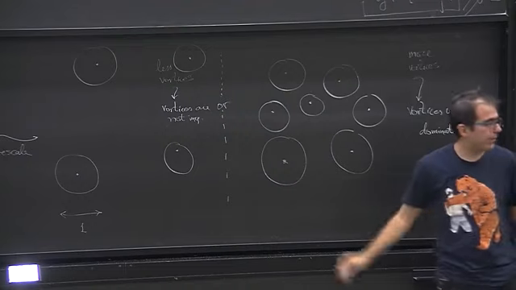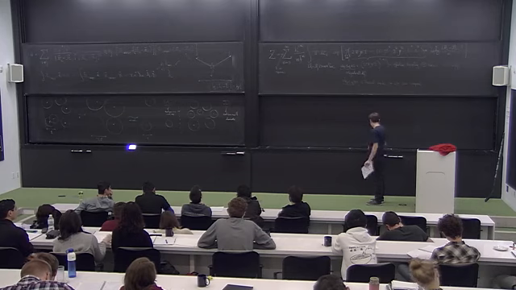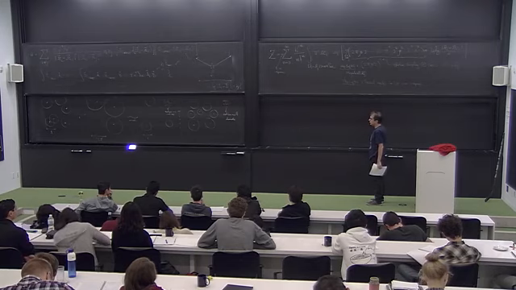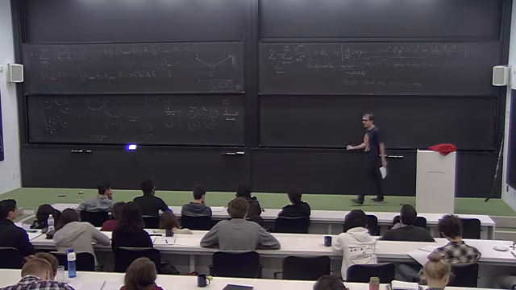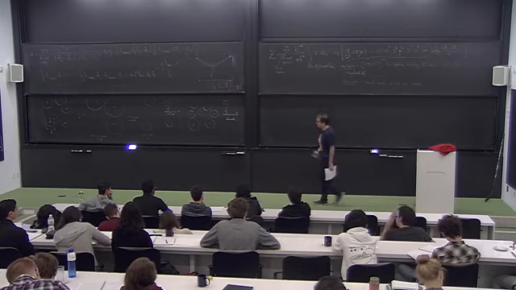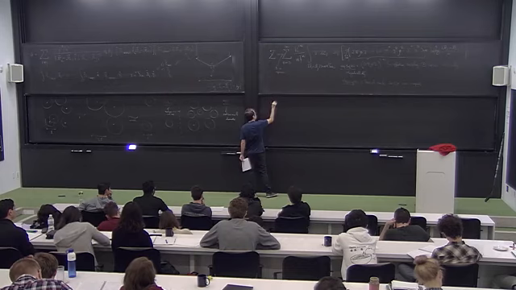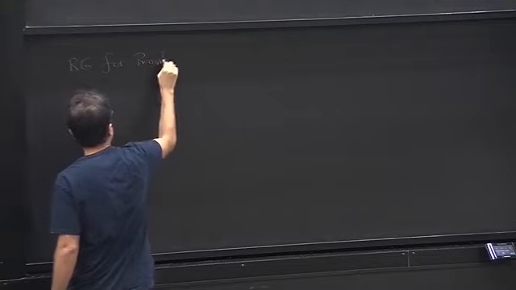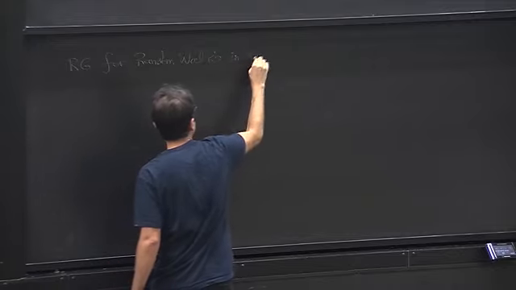Let me give you another example of the importance of these 2 steps. And to do it, I want to anticipate something that we are going to do next time, related exactly to these random walks. So let's just do RG for random walks in pictures.